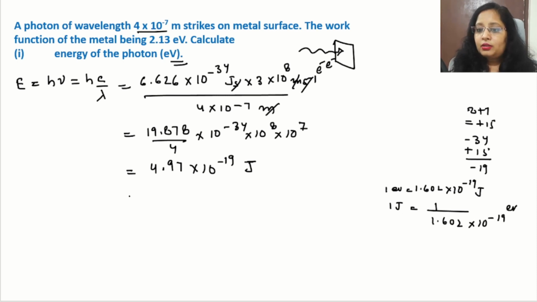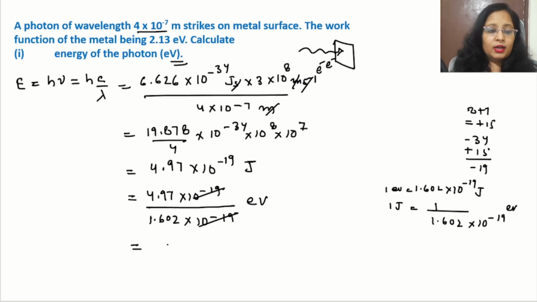Now putting this value in place of joule, 4.97 into 10 to the power minus 19 divided by 1.602 into 10 to the power minus 19 electron volt. So this will be cancelled, and after doing the division we will get the answer, 3.10 electron volt. This is the answer for the first part of the question.